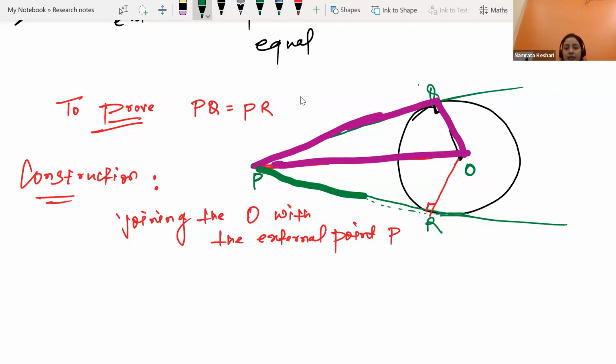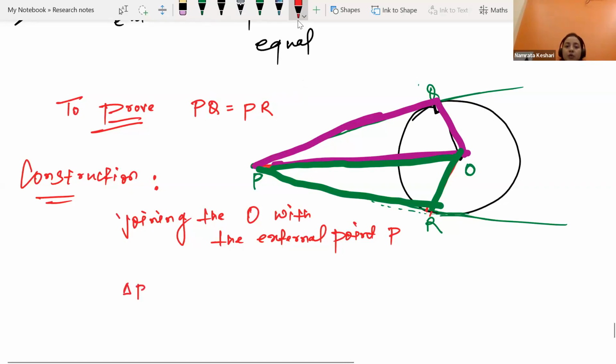Now, if I ask you, is it possible to show that these two triangles are congruent? If we take triangle POQ and triangle POR, is it possible to show that these two triangles are congruent?